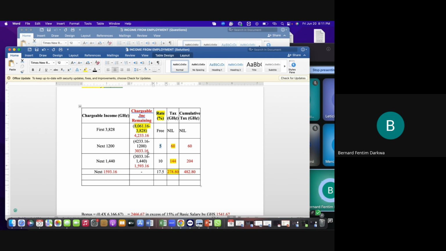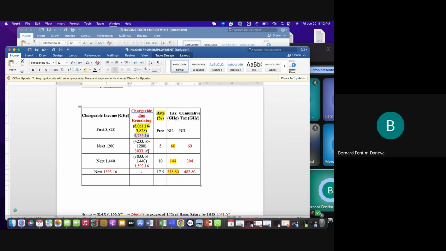Now, if we are to calculate the percentage on this, it means that we are doing one shot. It's not progressive. So if the person's income is 20,000 or 50,000, we just calculate once, and once we calculate 5% on this, we are done.